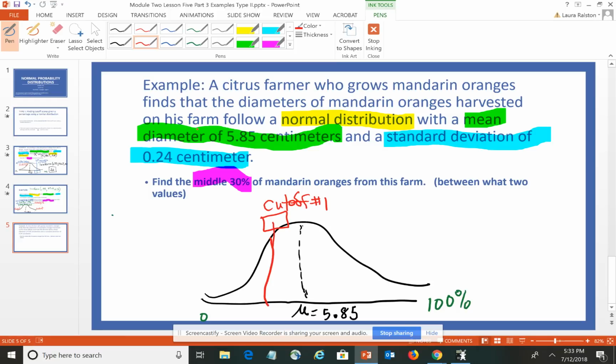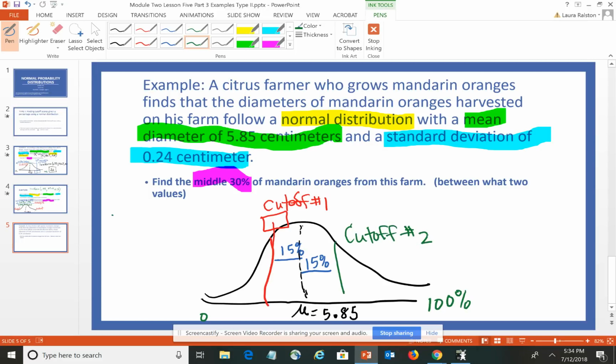And there's 15% between that cutoff and the mean. And if I go 15% between the mean and go up towards the higher one, I'm going to find the other cutoff score. So this would be cutoff 2. So I really have 2 cutoff values here.